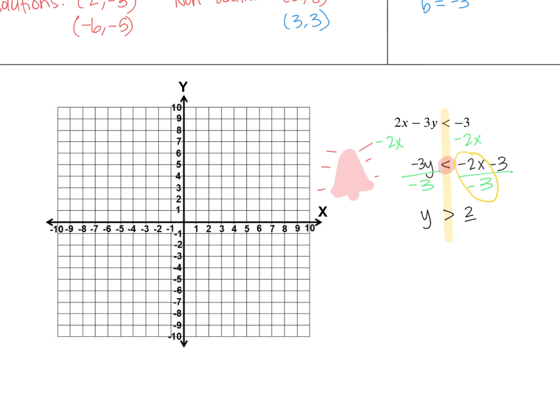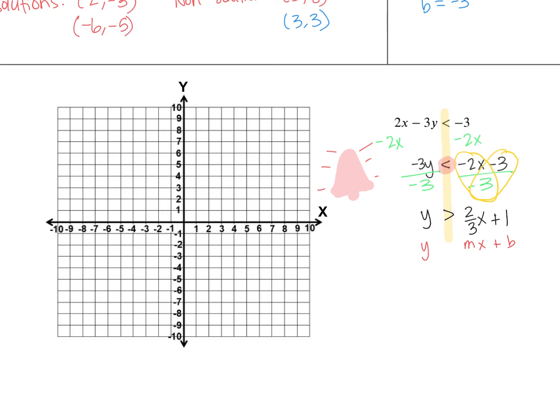So we get 2 over 3x. And now we look at -3 over -3. -3 divided by -3 is just positive 1. All right, so now we do have an inequality in that slope-intercept form.